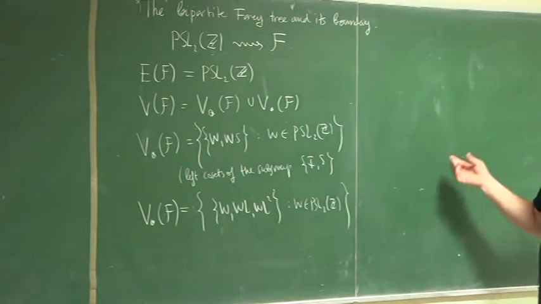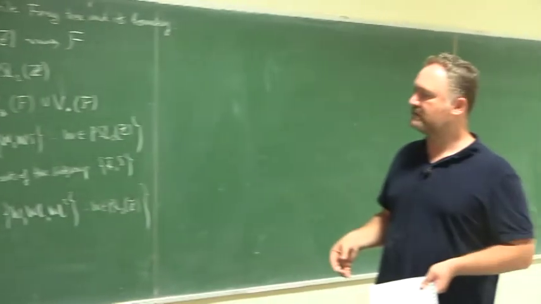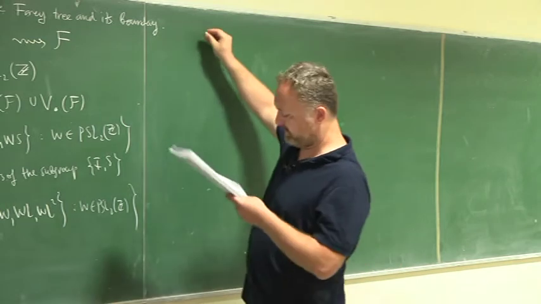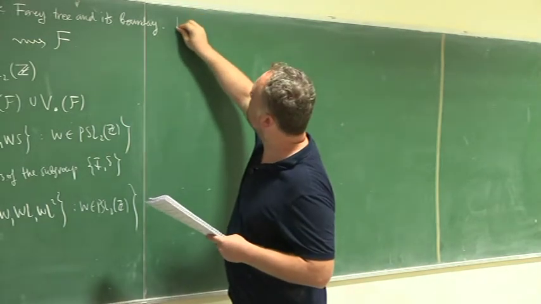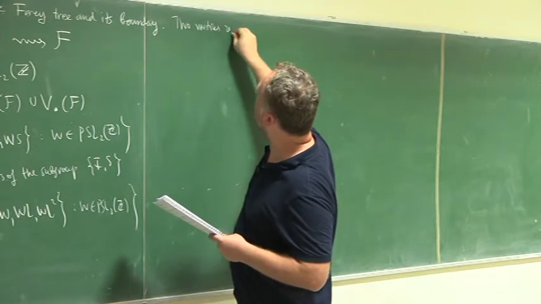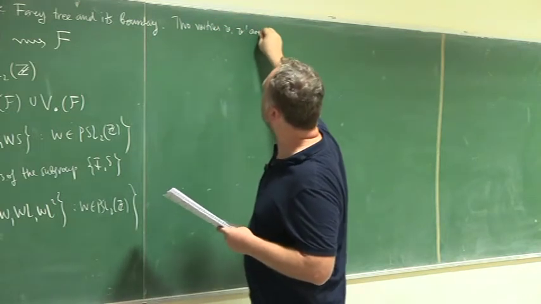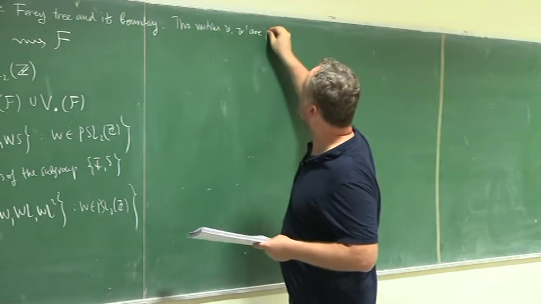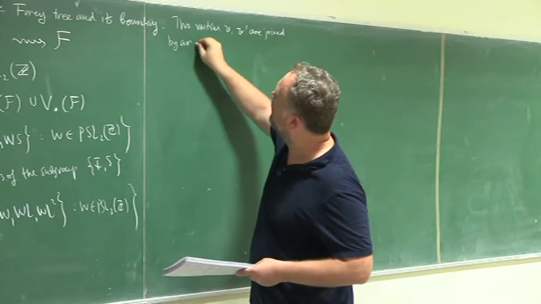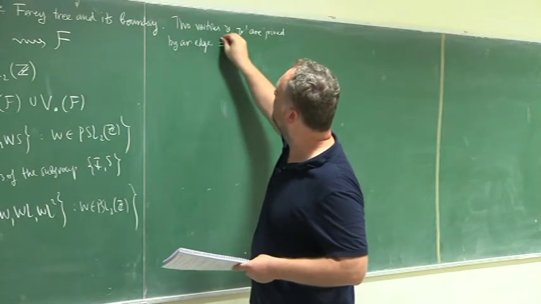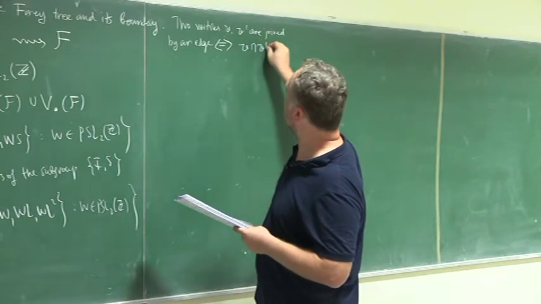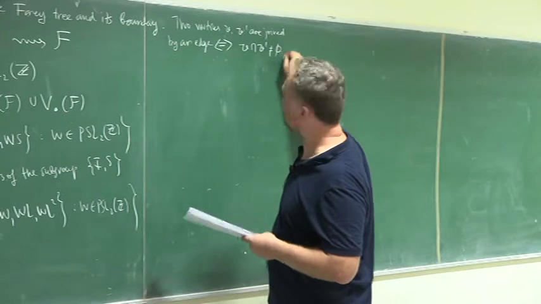So there are edges, there are vertices, but I also have to define the incidence relation, and it is as follows. Two vertices V and V prime are joined by an edge if and only if V intersection V prime is non-empty.